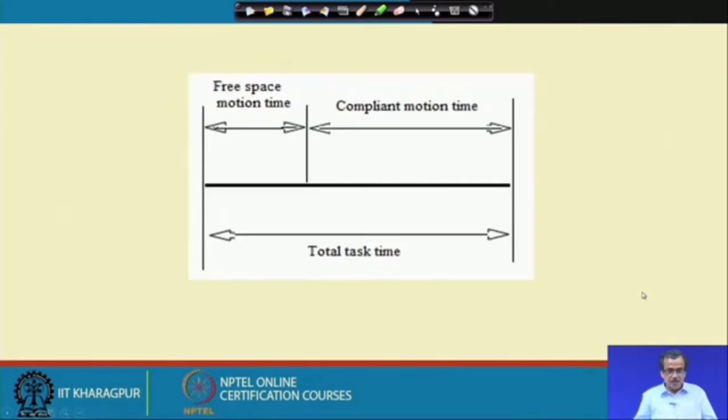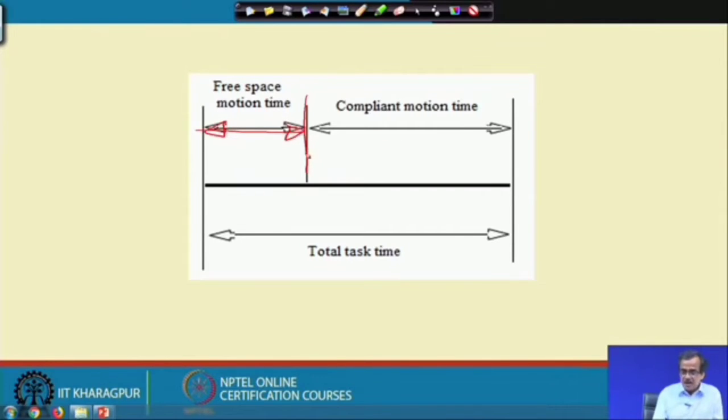And let us see how to proceed further with different types of motion. Now, this sketch shows the total time for planning. The free space motion planning takes only a small part, a small duration.